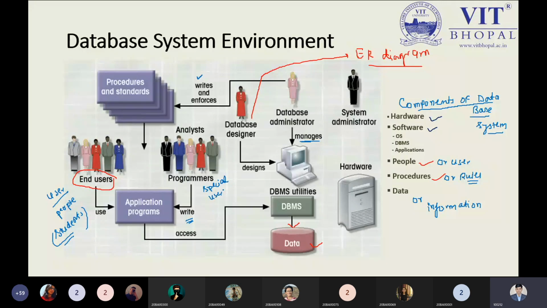They write the program for the application, and the application program will access the database. But this data will be accessed by the end user only based on some constraints. So access the database based on some constraints.